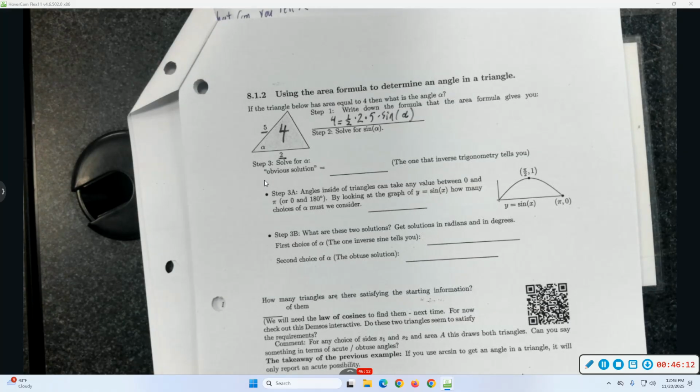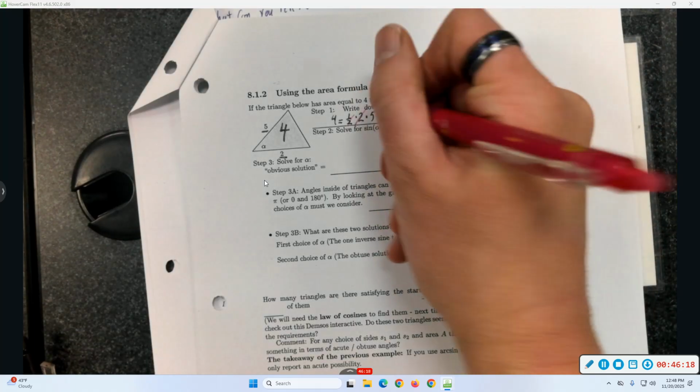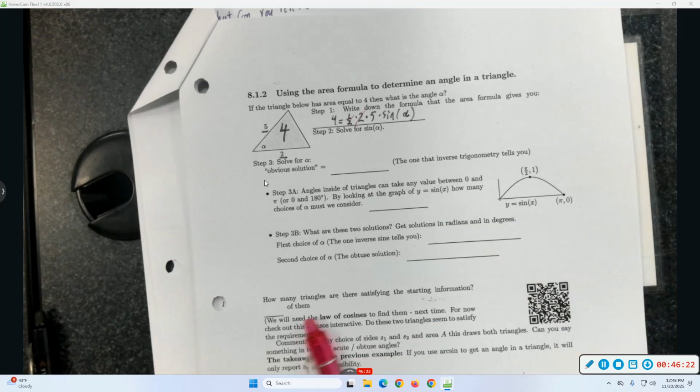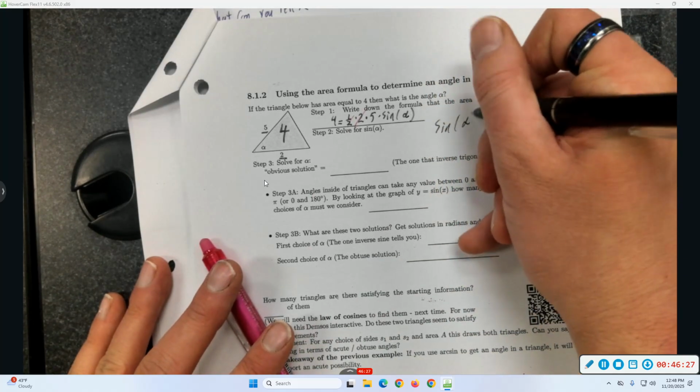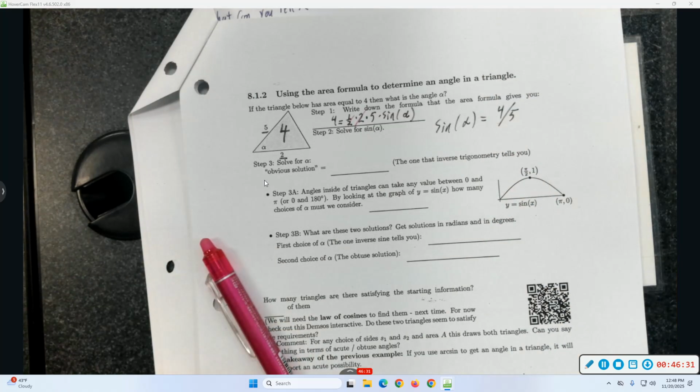I guess step 1 is solve it for sine of alpha. I think I can do that in 2 minutes. So those cancel, and now you divide by 5. Oh, neato. So I want an angle whose sine is 4/5. Sine inverse of 4/5. That is certainly the most obvious candidate.